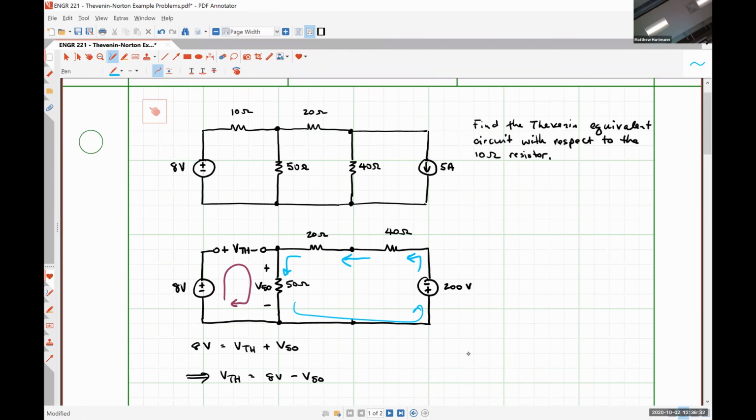So we can see pretty easily that V50 is going to be negative 200 volts, and it's negative. Let me explain why here real quick while I erase these things.